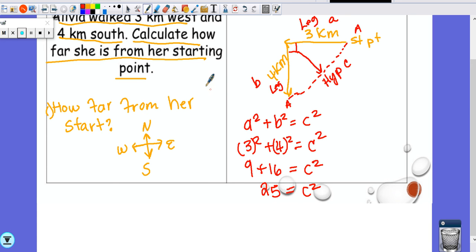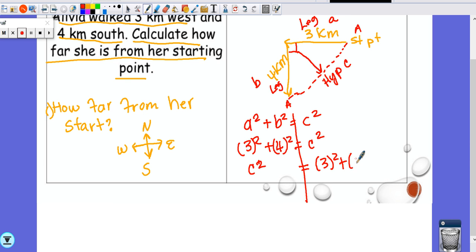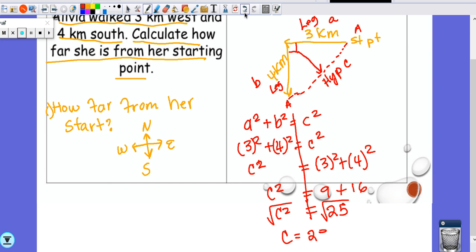Let me start this over, because there's something we do. If you notice, we normally do the line method. My constants are on the wrong side, so I'm going to use the symmetric property of equality to move them to the other side. So C squared equals 9 plus 16. So C squared equals 25. So I'm going to take the square root, and I get C equals 5.